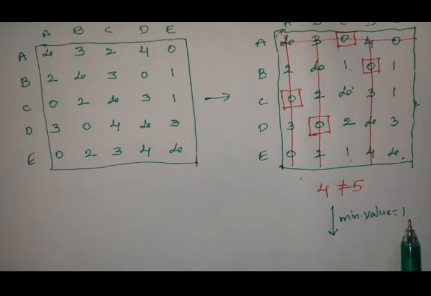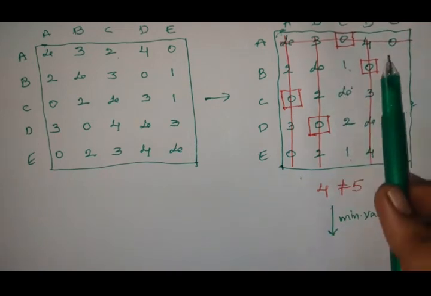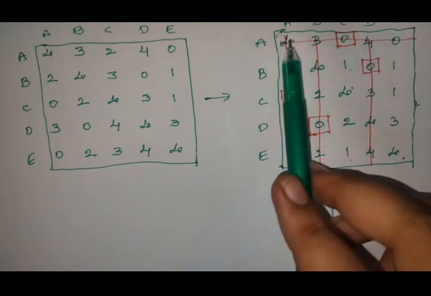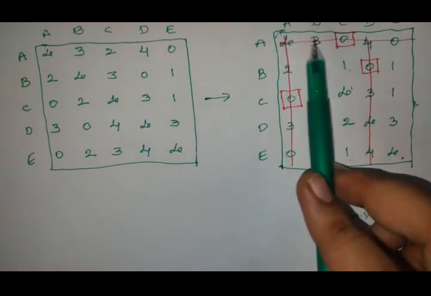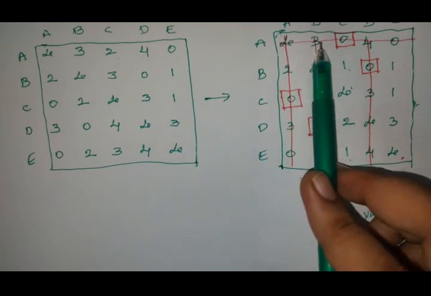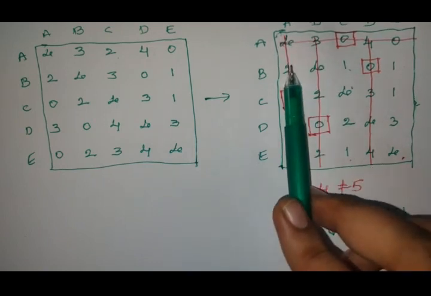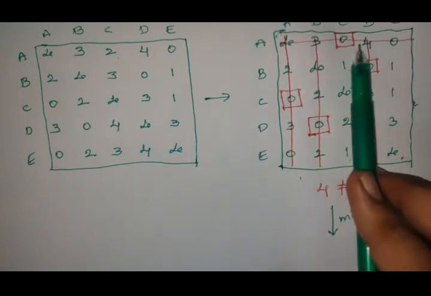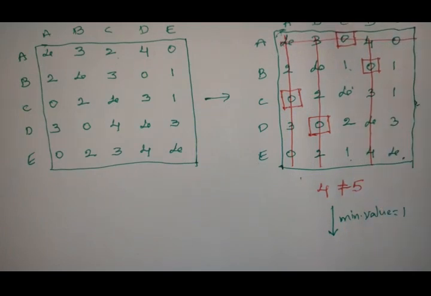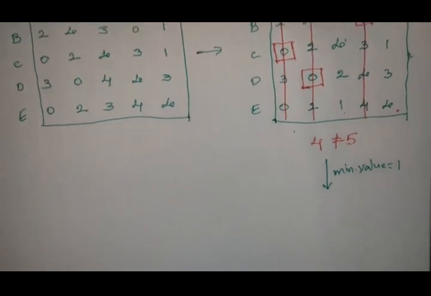So subtract that 1 from the non-striked cells and add it at the junctions, that means where the vertical line and horizontal line are intersecting, and all the remaining striked cells are to be written as they are. So we need to copy as it is. So now let us do that procedure.